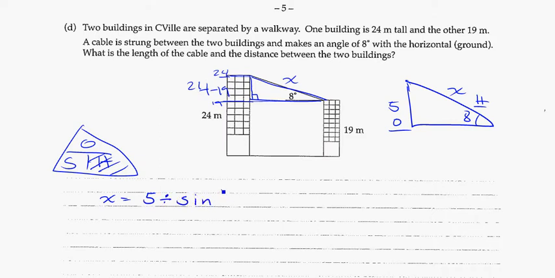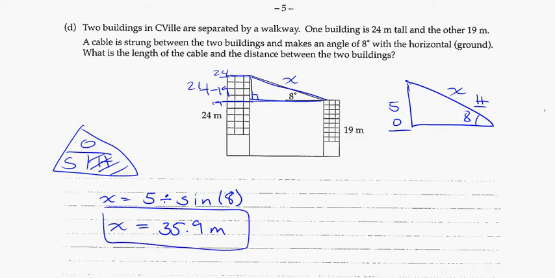And remember, you have to feed sine an angle. You have to give it something. So sine of the angle. And the order matters. You need to do 5 divided by sine 8, not sine 8 divided by 5. And if we do this, we get 35.9 meters. So that's the length of the cable between the 2 towers.